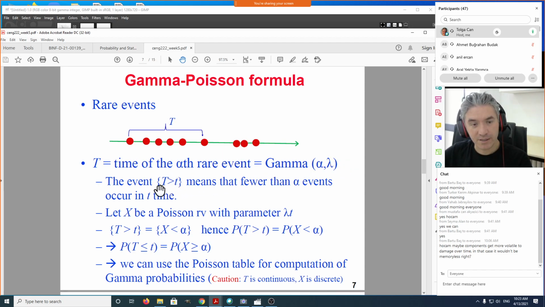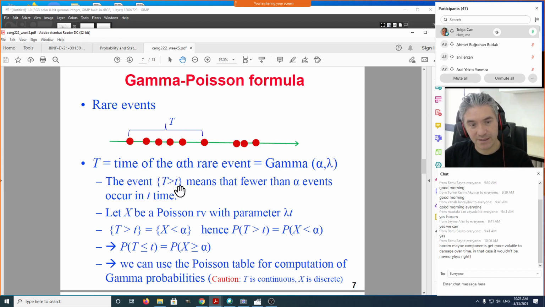Now, let's look at the event that the waiting time is greater than t. This event means that there are fewer than alpha events that occur in t time. Because if my waiting time is greater than t, it means that I have to observe fewer than alpha events in this t time. This is the same event.